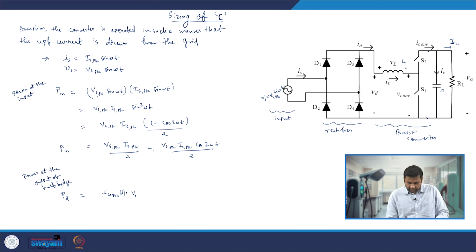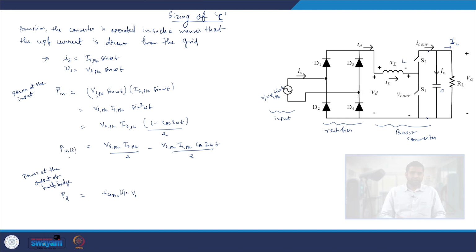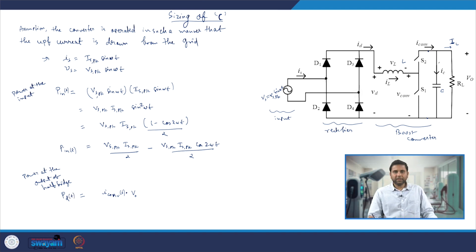Now if you look very carefully, this power is also varying with time, so we need to write P in with respect to time. Similarly, the power going into the parallel combination of RL and C is also varying with time, where this I converter is varying with time. So we can write the PD value as this one.